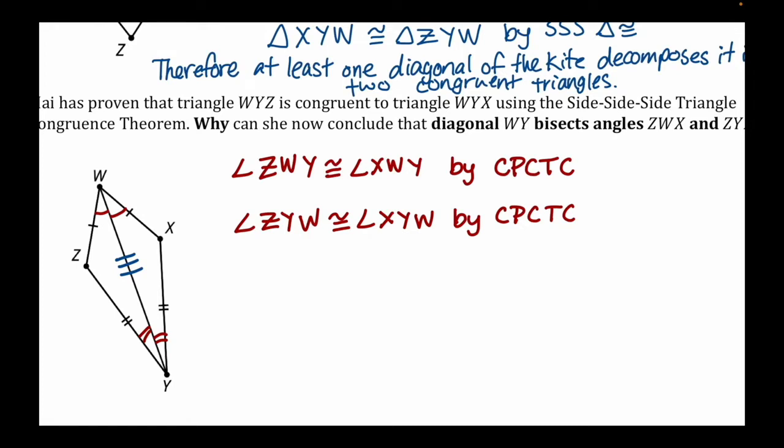And basically, because now we have angles right next to each other being congruent, that means that WY has to be the angle bisector.